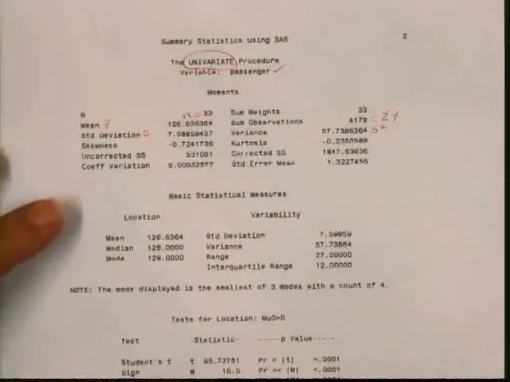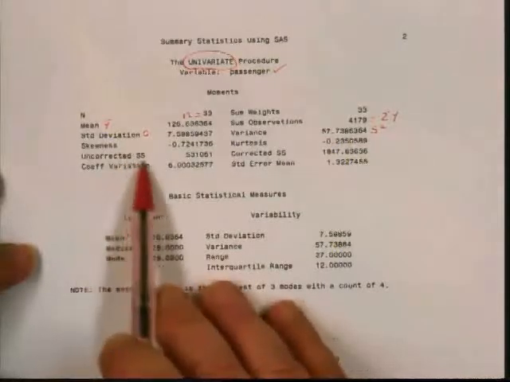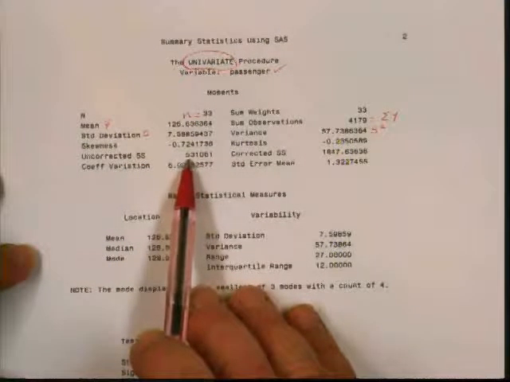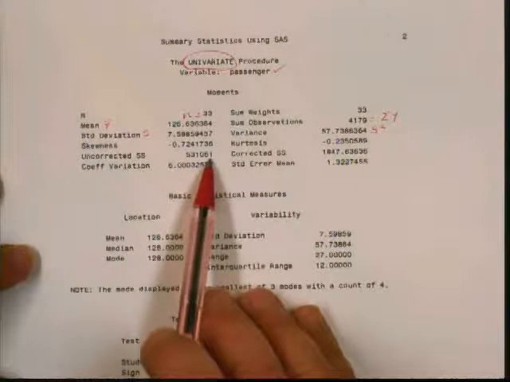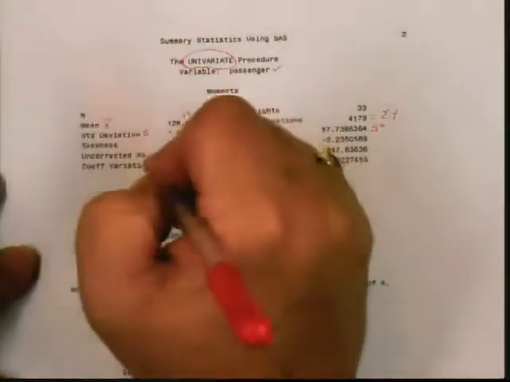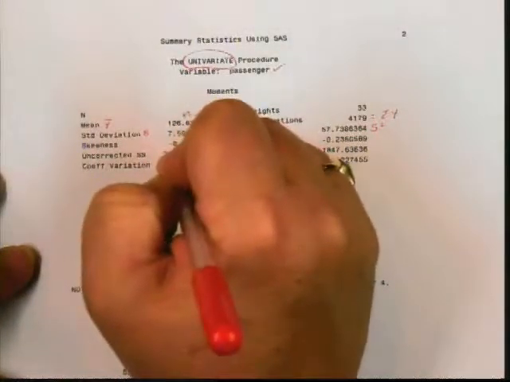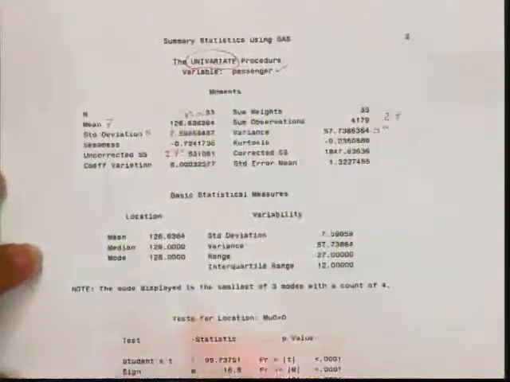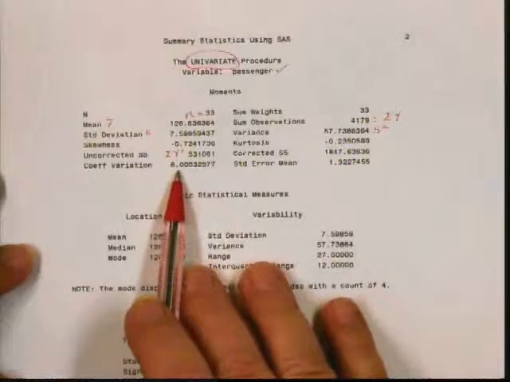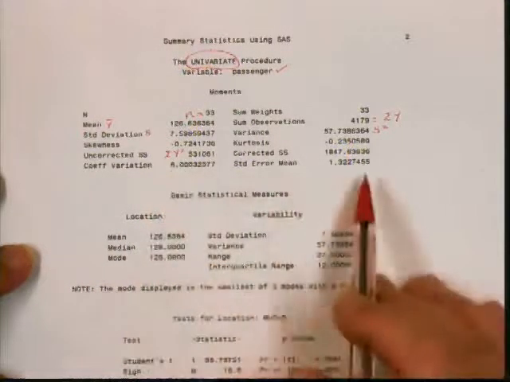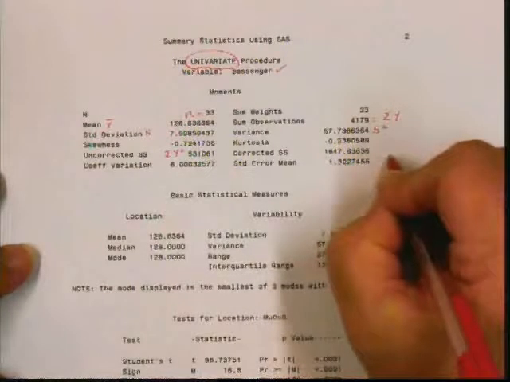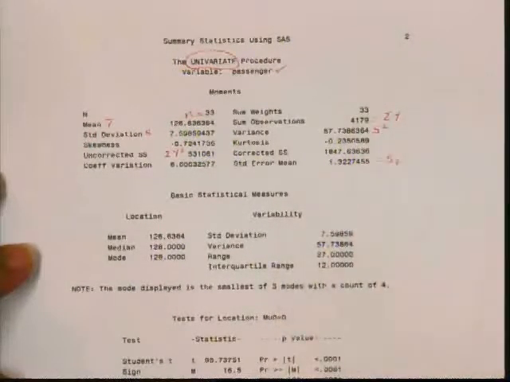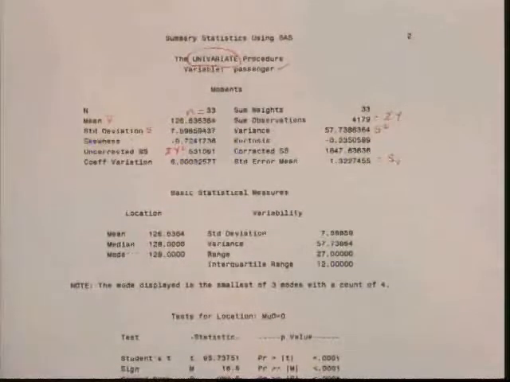The uncorrected sum of squares here, the 531,061, is the sum of the squared y's. Coefficient of variation, this is the CV we defined, and standard error of the mean is that S sub y bar. So we get quite a bit of information just in that first table.